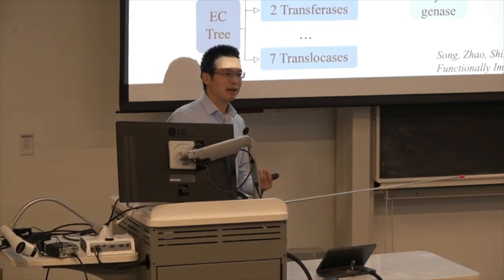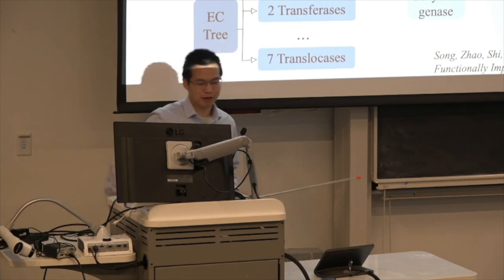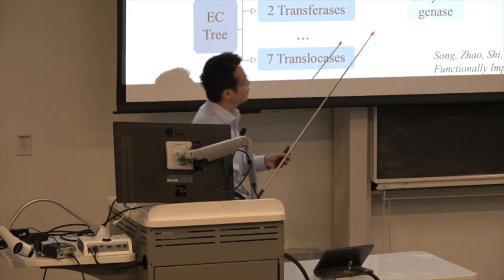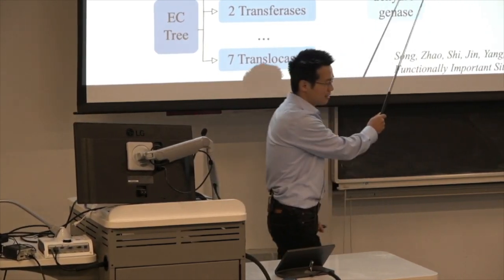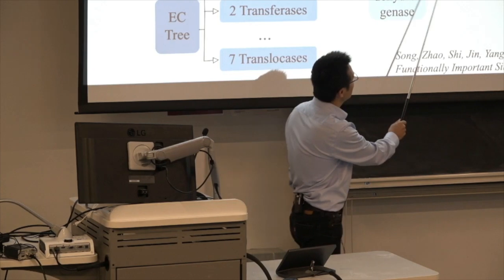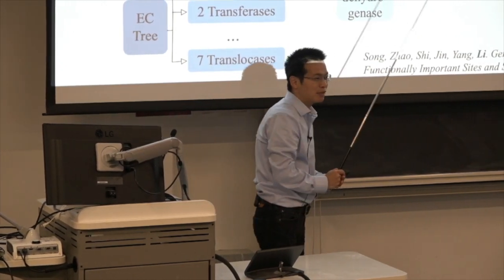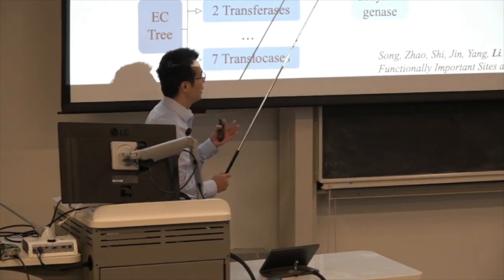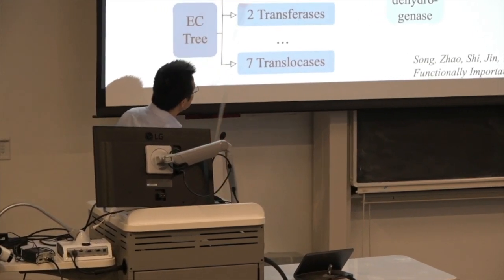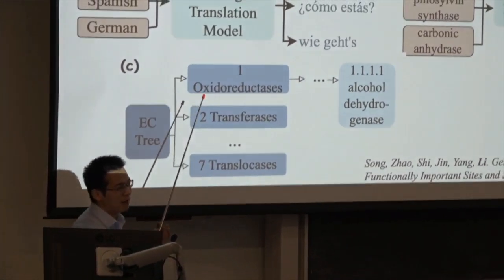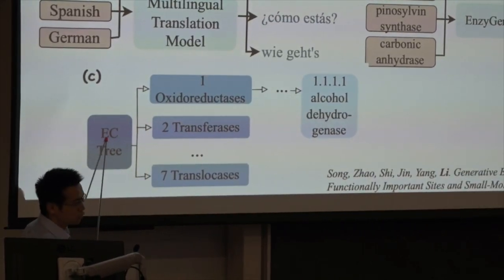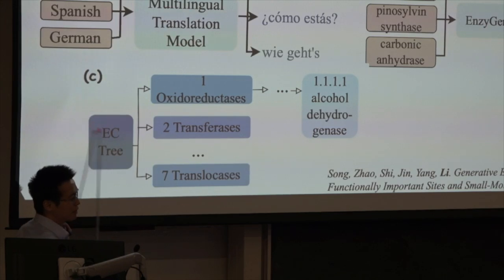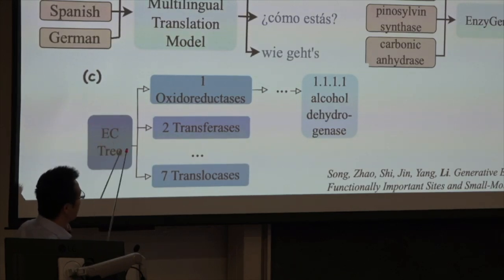We want to do the same thing for protein design. For this purpose, we use protein family tags. These are enzyme tags that can tell the function of a particular enzyme. There's a specific database called the BRENDA database. It has an organized tree with 4 levels to tell the functions of these enzyme categories.